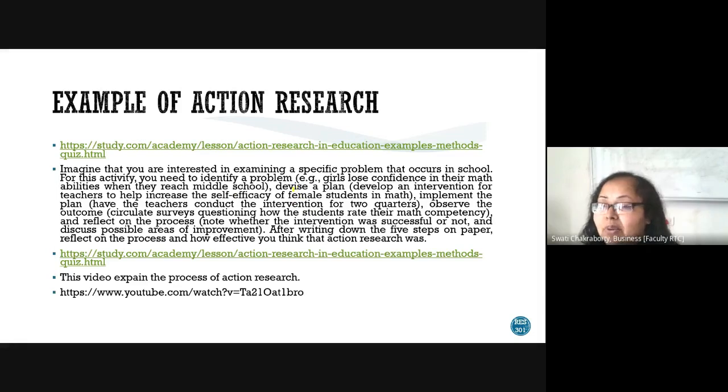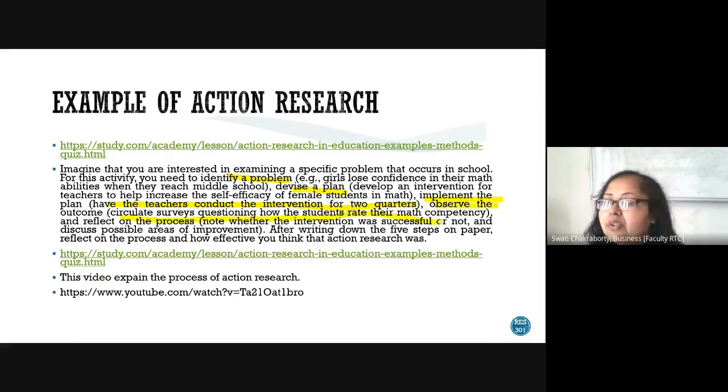So you devise a plan, first the problem, then the plan, then you start implementing the plan, right? The plan is where you develop an intervention for teachers to help increase the self-efficacy of female students. Implementing is where you have the teachers conduct the intervention for 2 quarters.